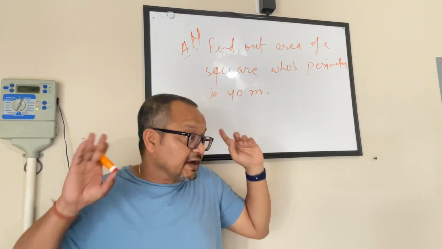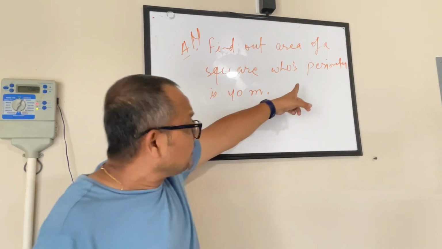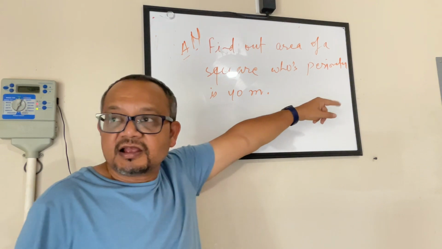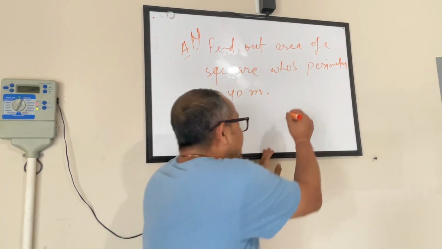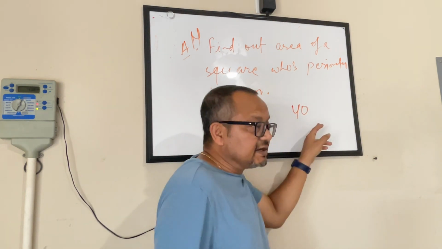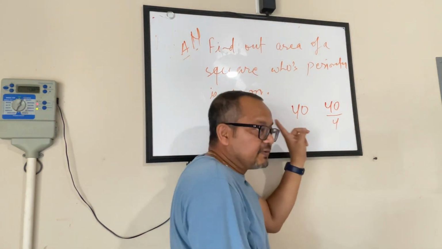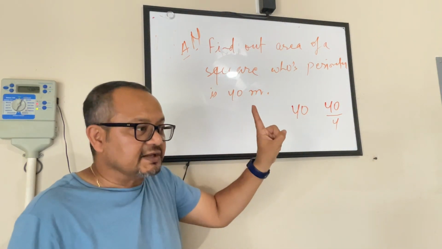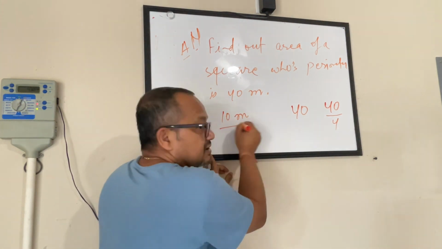Then I realize, I know the perimeter of a square is 4 times length. So I can derive the length from the perimeter. If perimeter is 40, my length is 1/4 of this, because 4 times length is 40. So one length is 40 by 4, 10 meters.